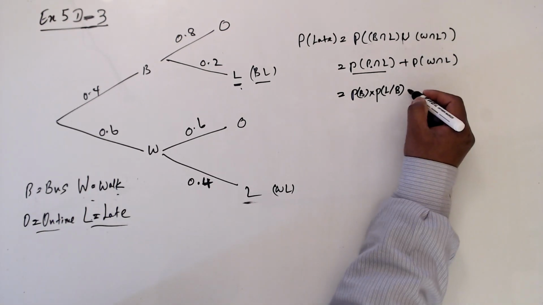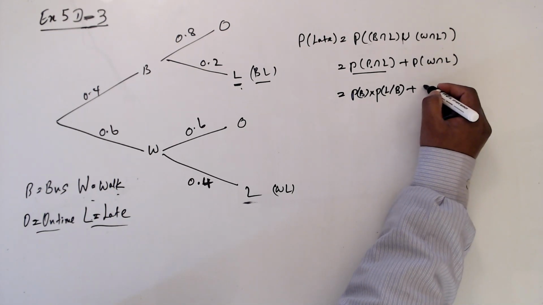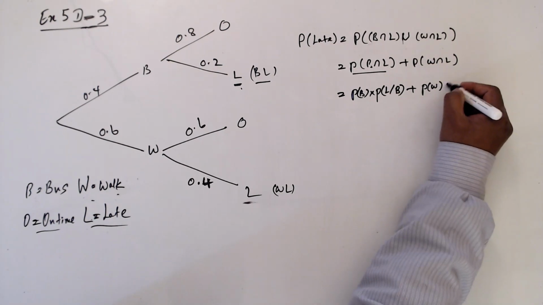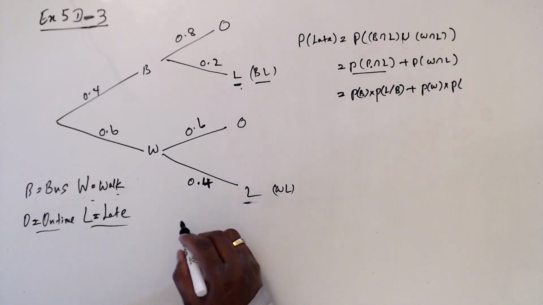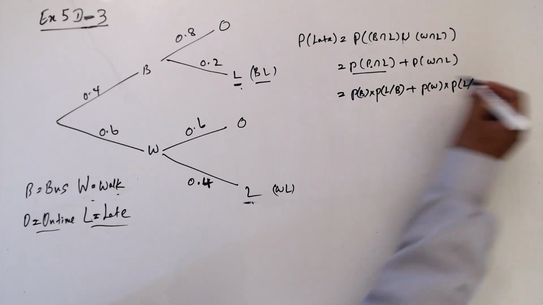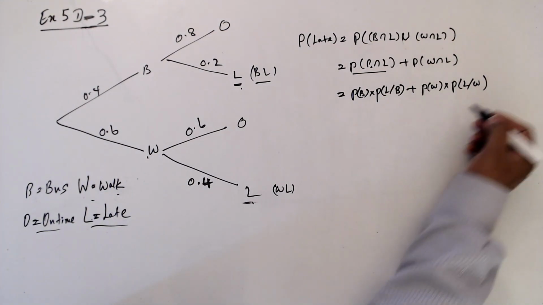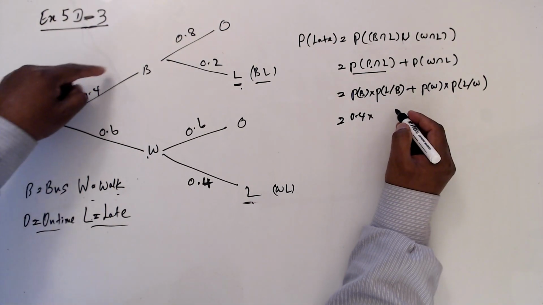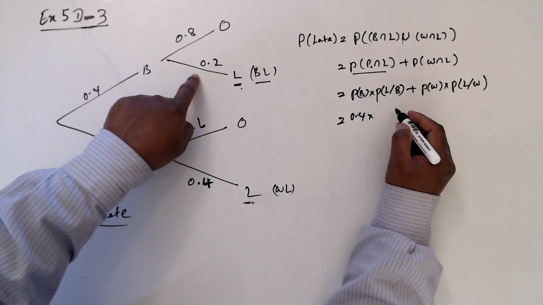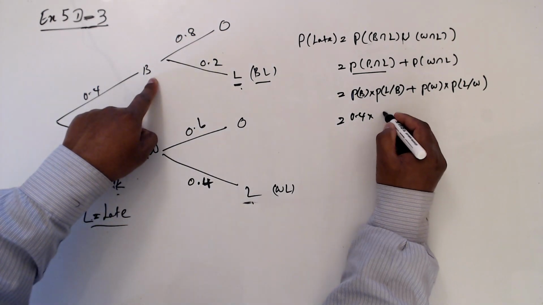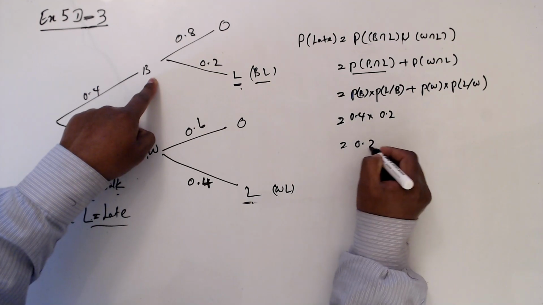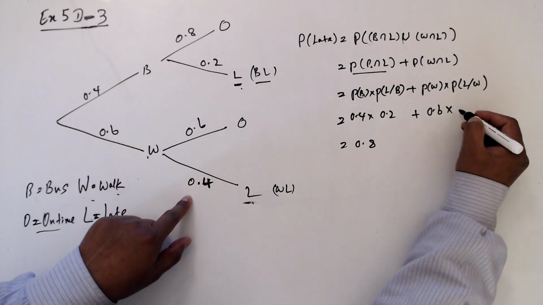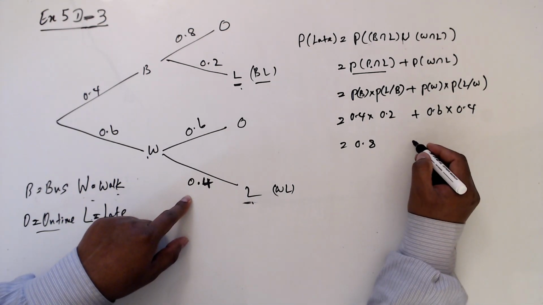Late given bus and probability of walk multiplied by probability of late given walk. So probability of B is 0.4, probability of late by bus is 0.2, 0.8 that one, and this is 0.6 times 0.4.